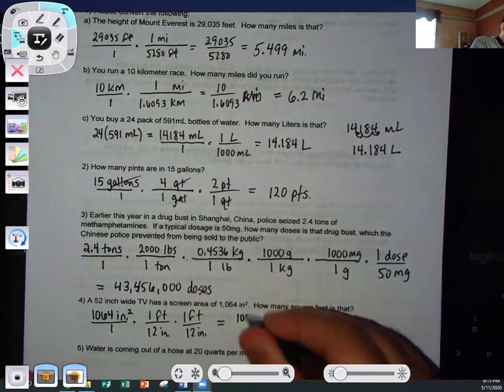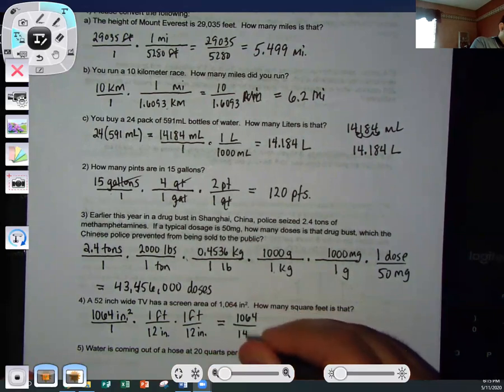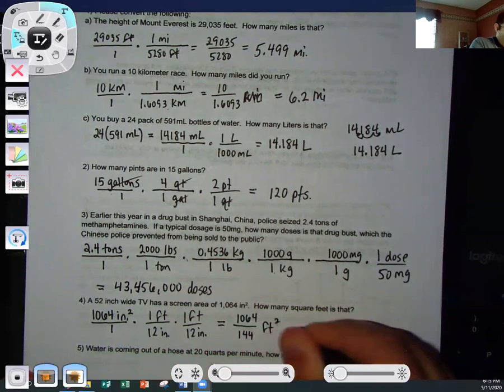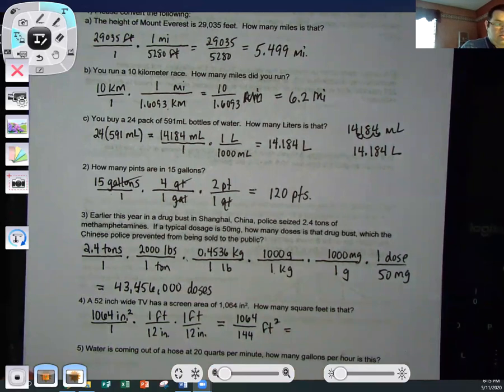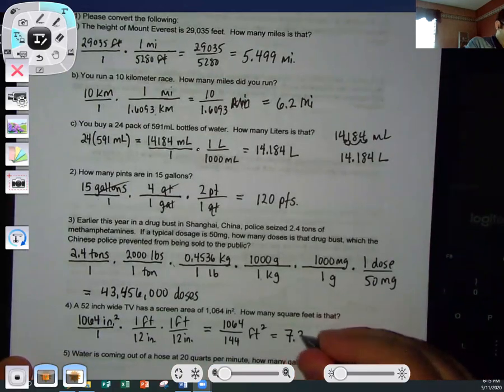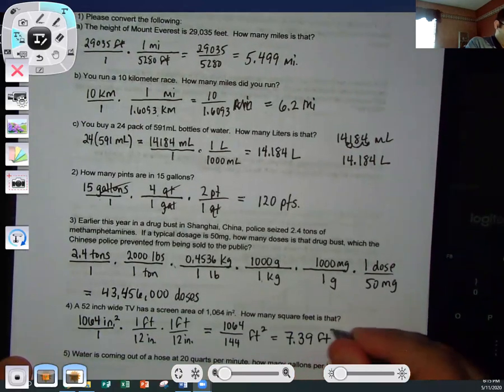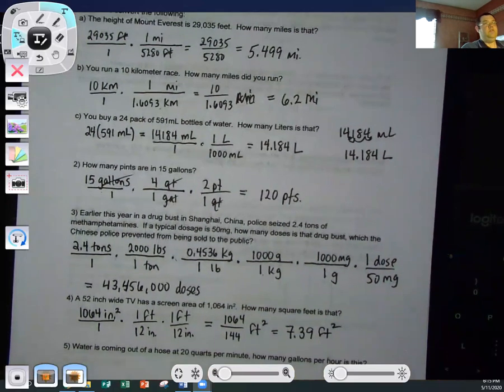So it's going to be 1,064 divided by 144 square feet. So I do 1,064 divided by 144, and we end up with 7.39 square feet. So the area of the 52-inch wide TV is 7.39 square feet.